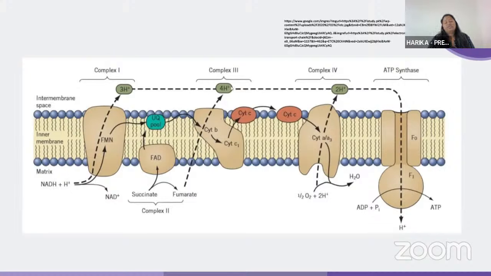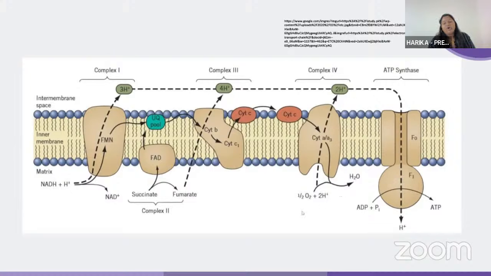In complex 3, 4 hydrogen ions are released, and site B is converted to site 1, which is ultimately converted into site C. Site C binds in the intermembrane space, and then in complex 4 it converts to site A and A3, where 2 hydrogen ions are released.